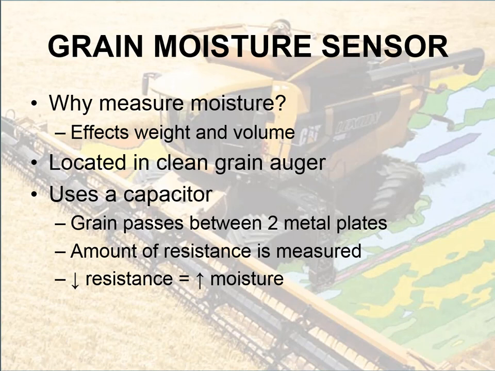The less resistance we have, the more moisture, because water is an excellent conductor of electricity. So the more moisture in the grain, the less resistance it has. We measure the electrical resistance as the grain passes the metal plates, and convert that electric signal into a moisture percentage.